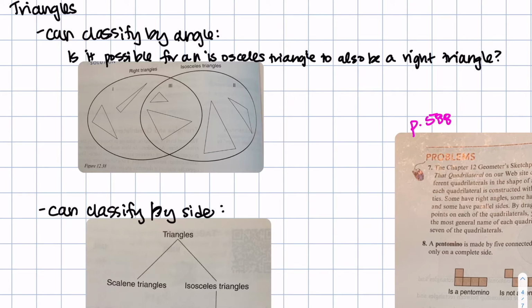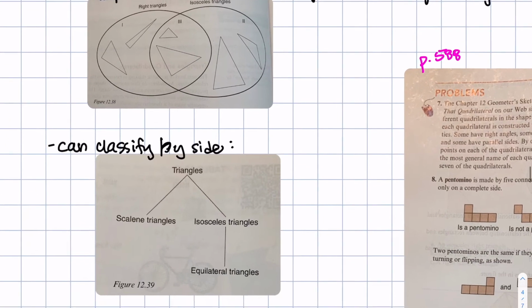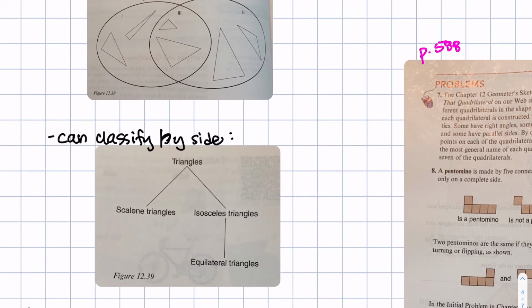Okay, great. So we can also classify triangles by their side length, which is what we did when we defined the isosceles triangle. Here this diagram represents all the triangles, and a triangle is either going to be scalene, in which all sides are different lengths, or it's going to be isosceles.